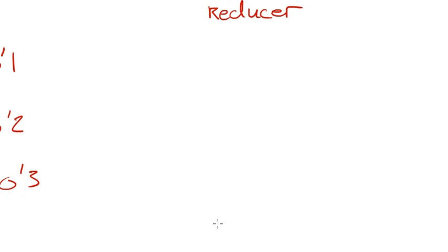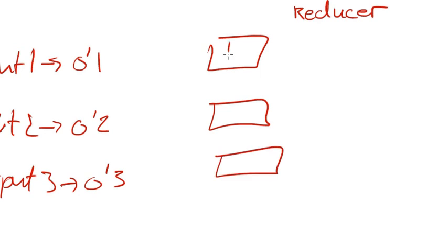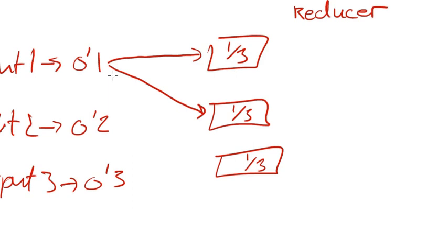So if I have my 3 servers over here again, and they're each going to handle 1/3 of the data again, just to make it simple. We're assuming they're all identical, all have the same processing speed. So the reducer, right before this, Hadoop will manually distribute the data all around.